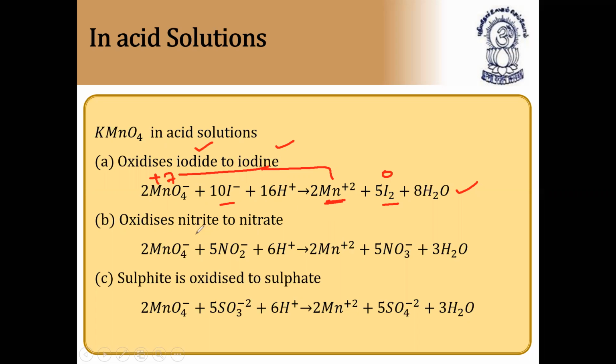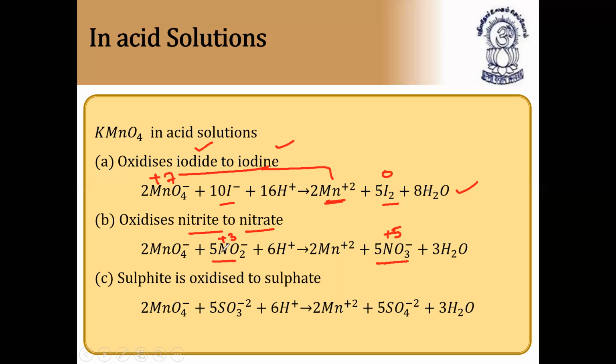Similarly, it oxidizes nitrite to nitrate, NO2 minus to NO3 minus. What is the oxidation state of nitrogen in NO2 minus? x minus 4 is equal to minus 1, so x is equal to +3. And here it is +5.